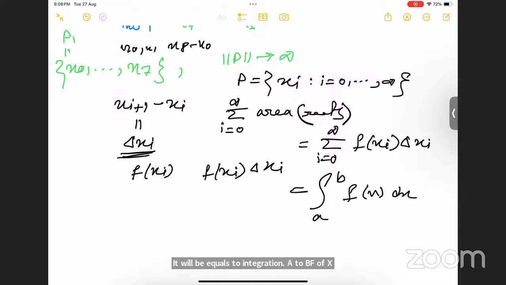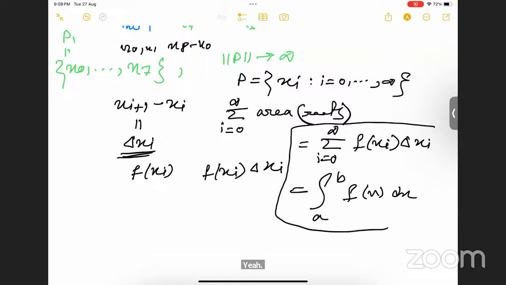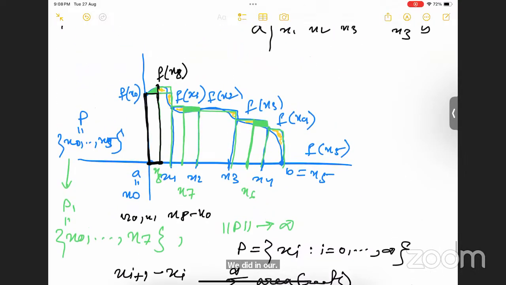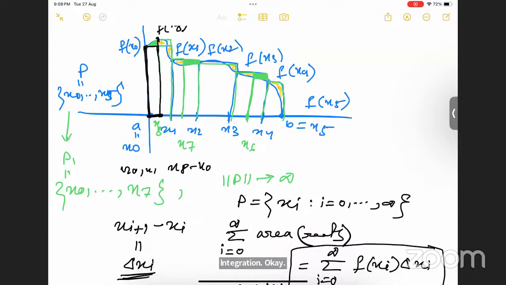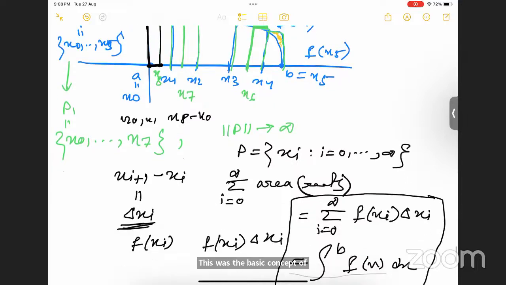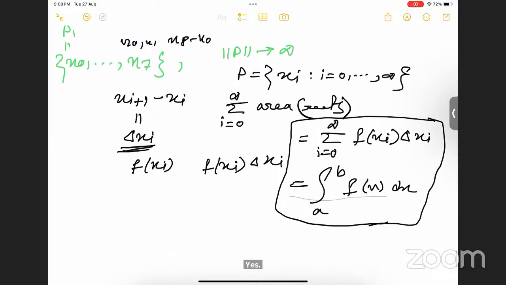This is what we did in basic Riemann integration. This basic Riemann sum concept ultimately gives the definite integral when the cardinality of P tends to infinity.